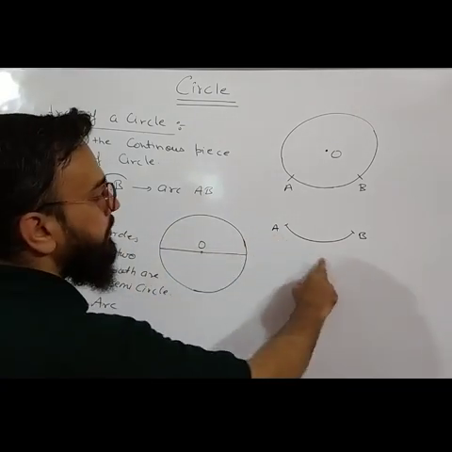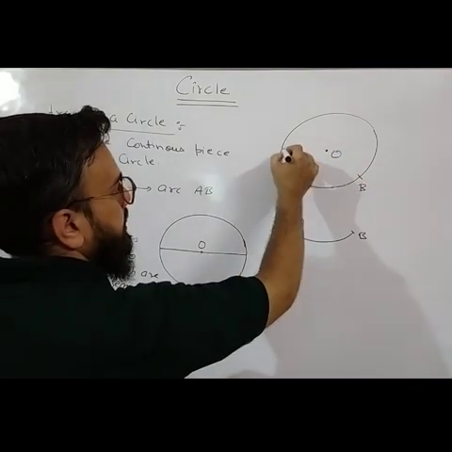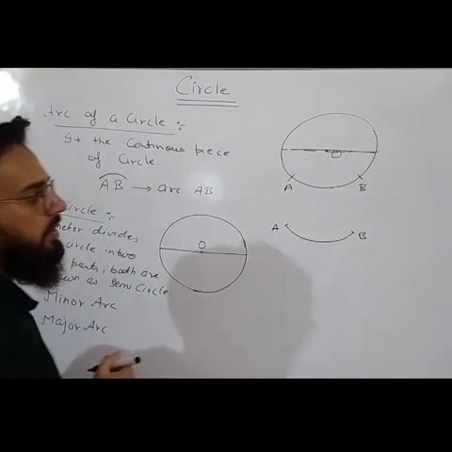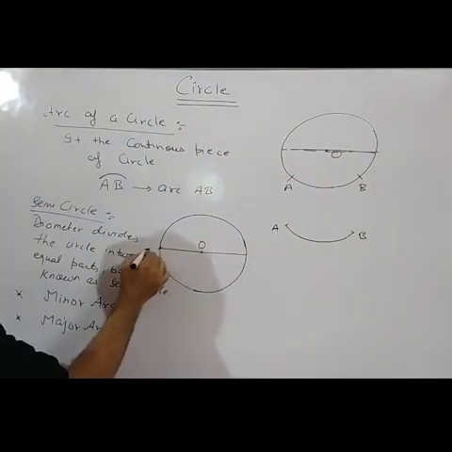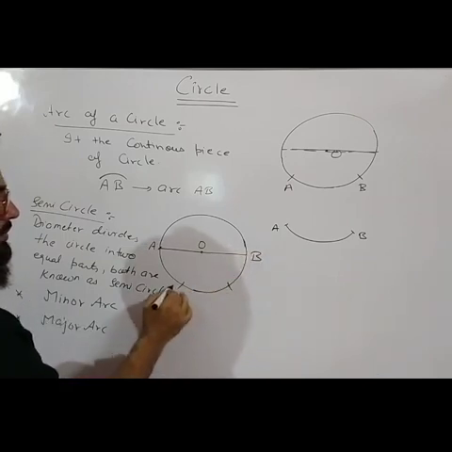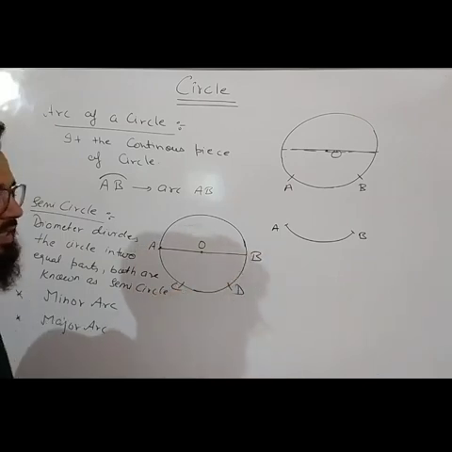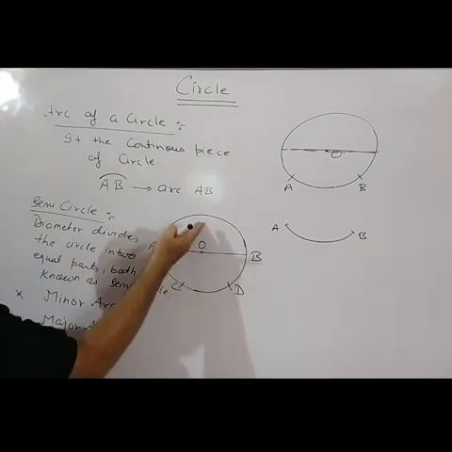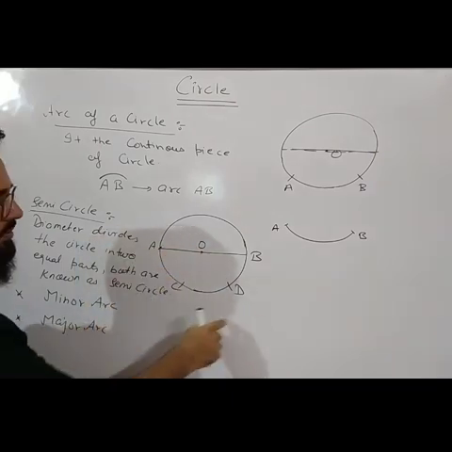Suppose this is our AB. This AB is less than the semicircle because the semicircle will be divided by the diameter. In this figure, AB is a diameter and this is CD. So this CD will be known as minor arc. AB is the diameter which is dividing the circle into two equal parts, so this is our semicircle.